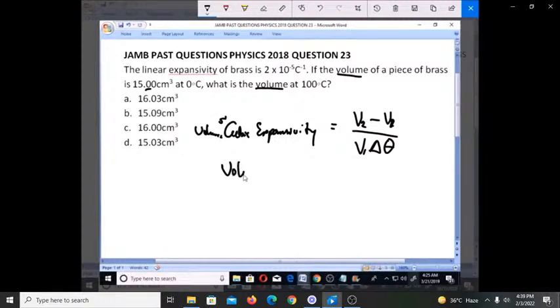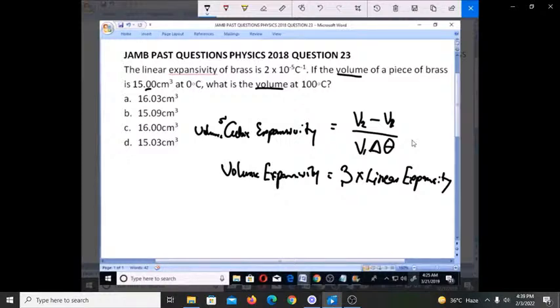Now, this volume expansivity is also equal to 3 times the linear expansivity. So in case you are not given the value of your volume expansivity, you can get it from the linear expansivity value that you are given by simply multiplying it by 3.